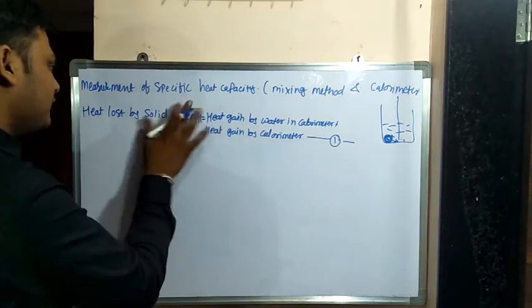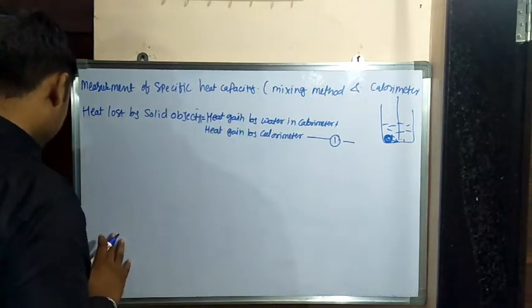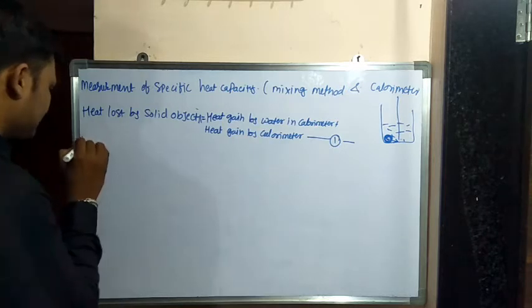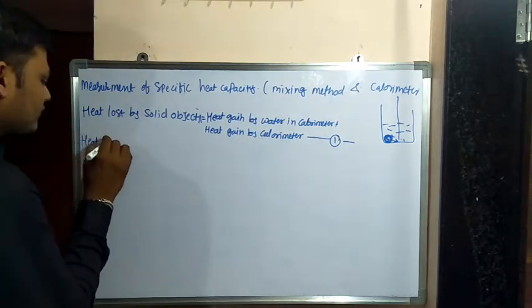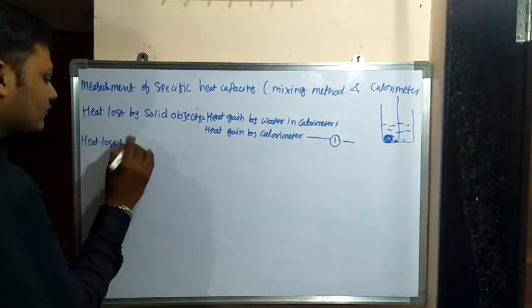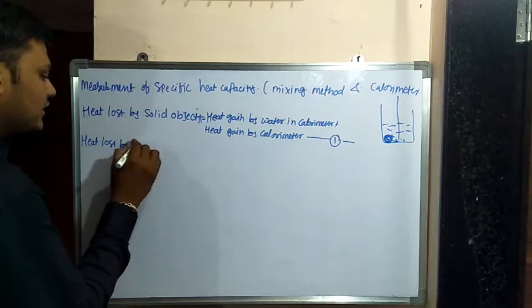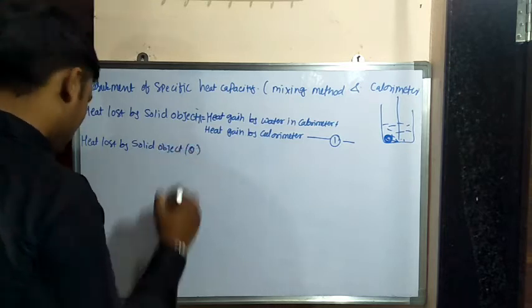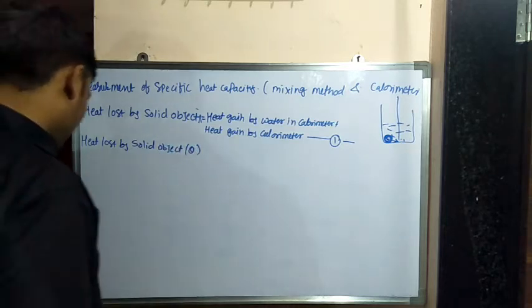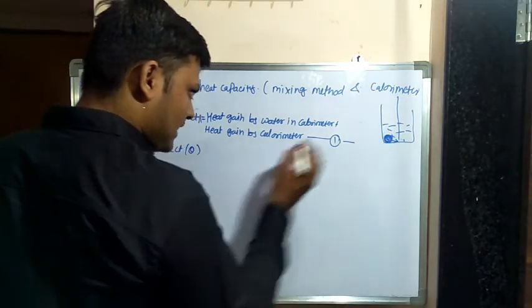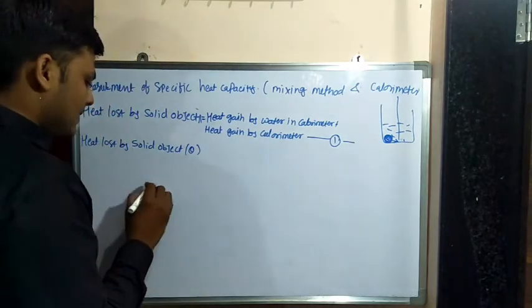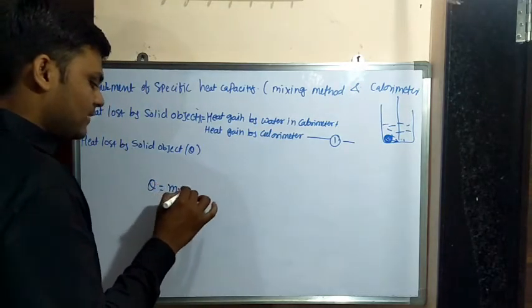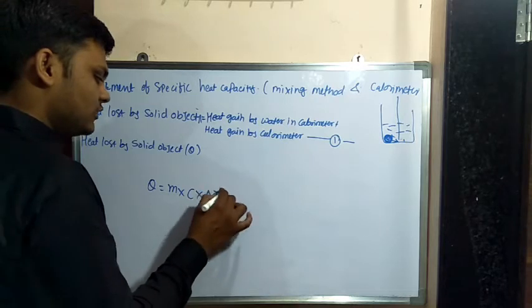Here the heat lost by the solid object, indicated by Q, is totally dependent on mass, because previously we have seen that heat depends on mass into specific heat capacity into temperature change.